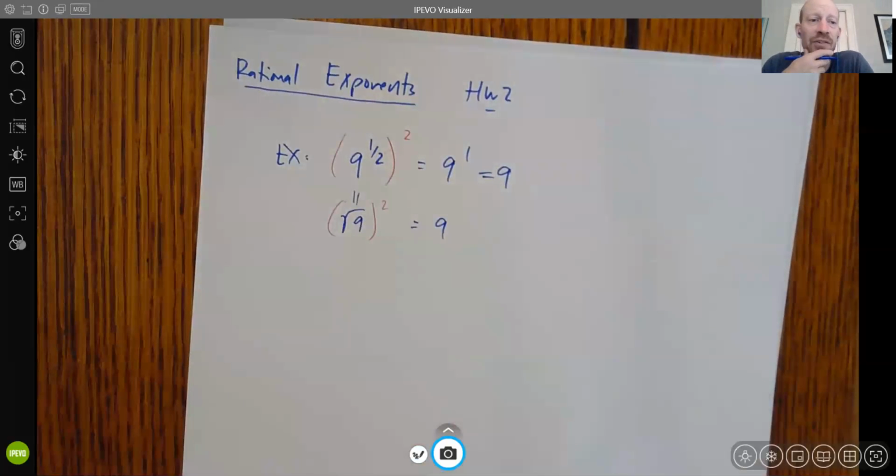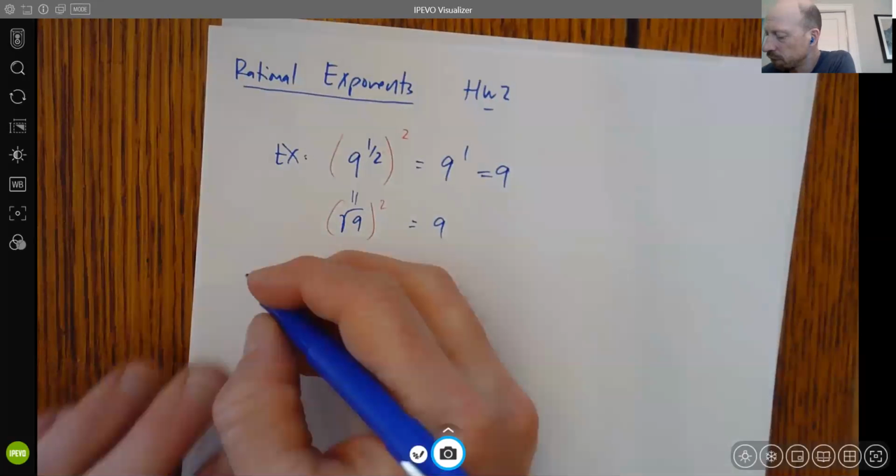So a rational exponent here is just another way of writing roots or radicals. And it has some real advantages and disadvantages, but it's really nice to be able to bounce back and forth. So now we have another way of looking and working with radicals, which are these fractional exponents.